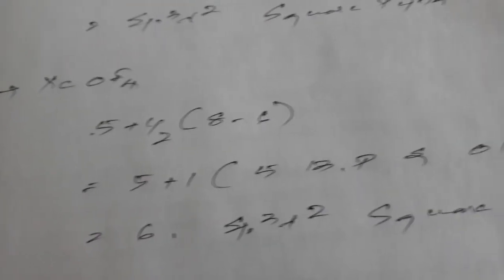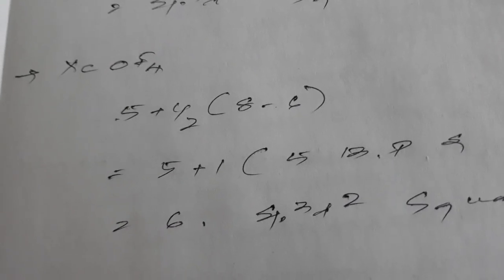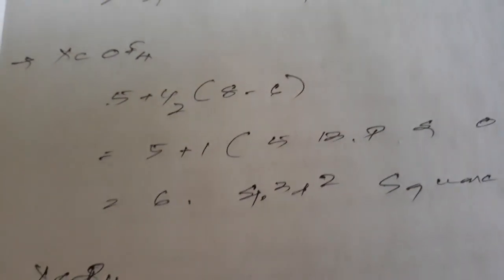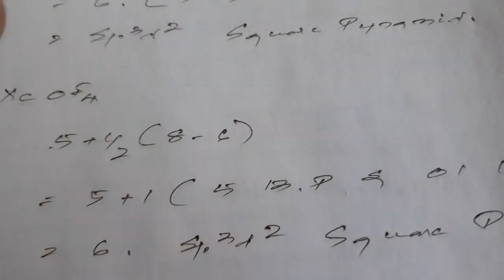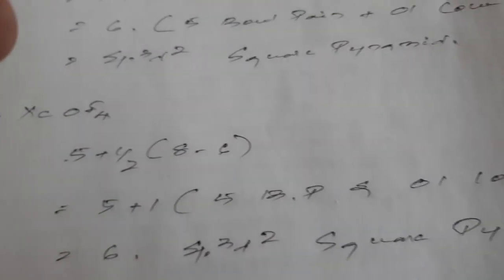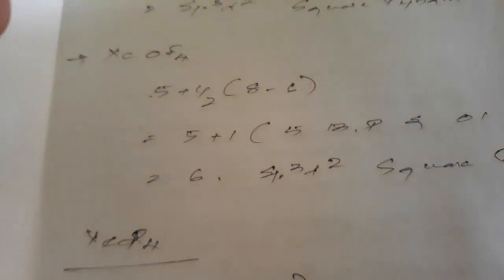Then we do the calculation, we will get 5 plus 1, 5 bond pairs and 1 lone pair of electrons. The total is 6. So sp3d2 will be the hybridization with a square pyramidal structure due to distortion from that 1 lone pair of electrons. The geometry of these molecules we will discuss later in detail.